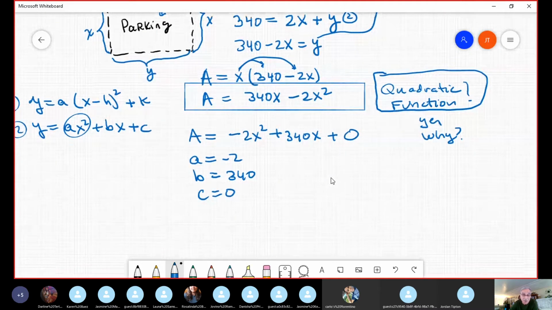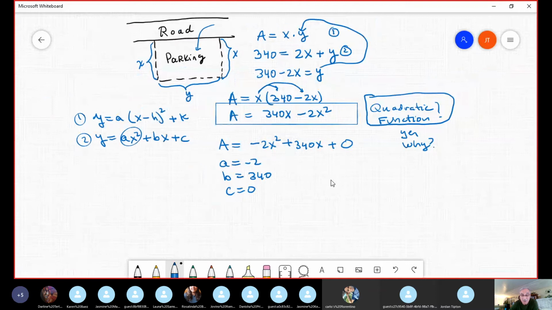This is the classic. With the word problem, you understand the problem, set up the equation using geometry, manipulate the algebra a little bit, and now you realize this is a quadratic function and you need to interpret it. The quadratic function is expressed in standard form, and you identify that a is negative 2, b is 340, and c is missing. That's it.